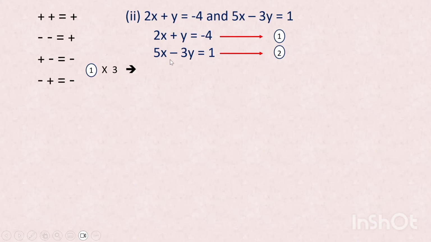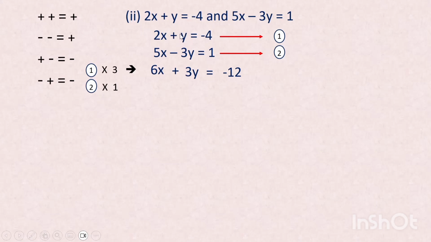Because I'm considering variable y, and the coefficient of y is 3. Now 2x into 3 is 6x, plus 3 into y, 3y, is equal to minus 4 into 3, minus 12.